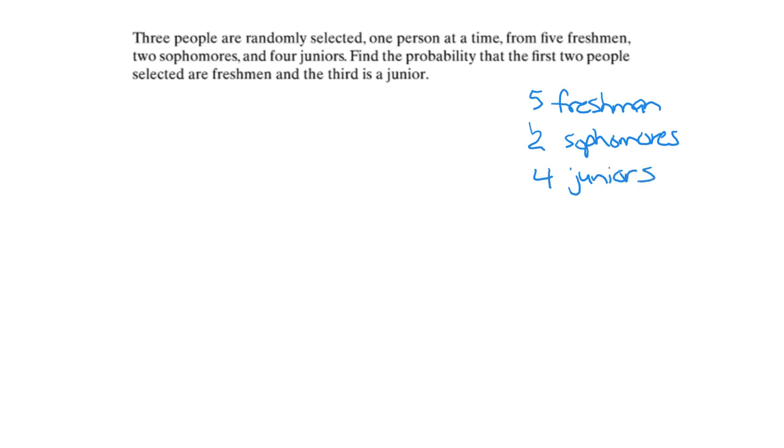And that's going to give you a total of 11 people. If you were to add this together, we're starting with 11 students. Then we want to break this down into, you have your first pick, and we need it to be a freshman.